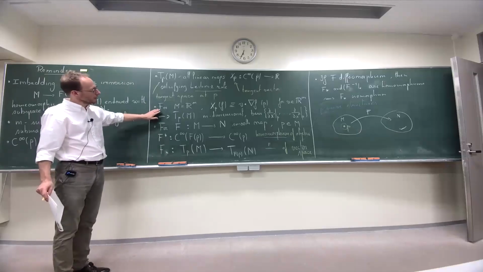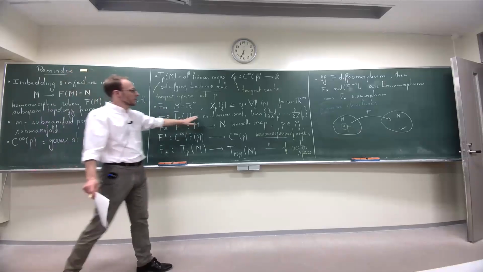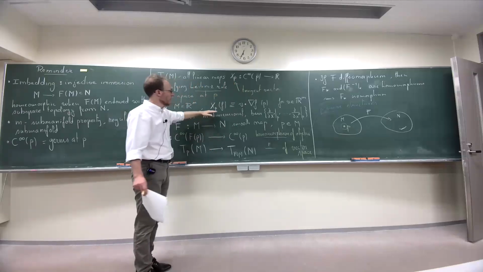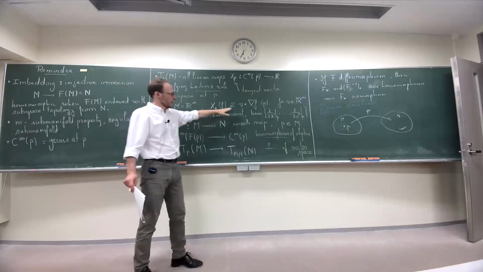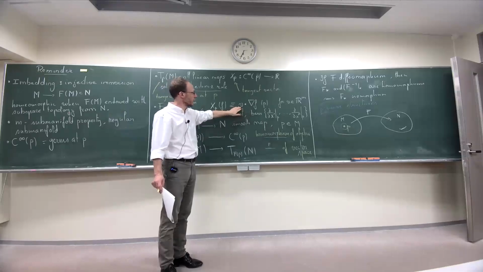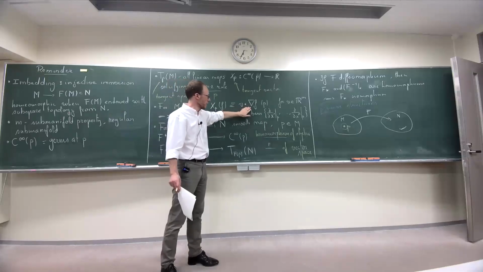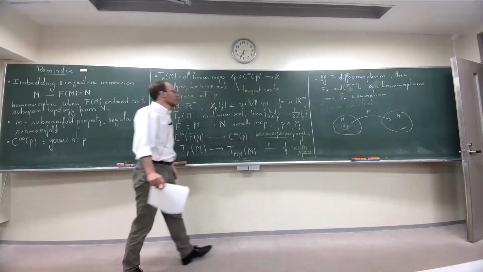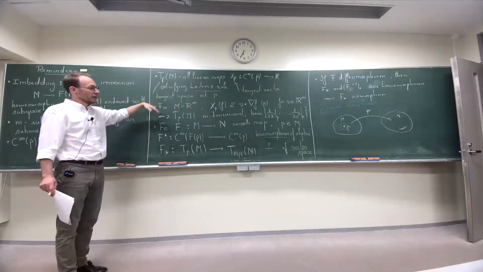Then we took the example of R^m, and by the way, I use X_p for a tangent vector at P. We observed that if you take this expression, known from calculus 2, v scalar product with the gradient of a function evaluated at P, then this expression is linear and satisfies the Leibniz rule.